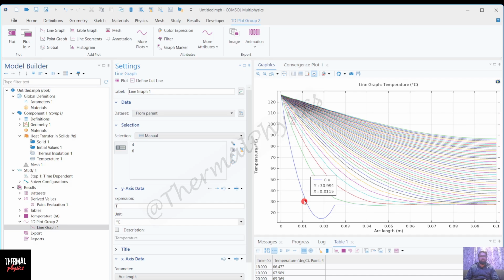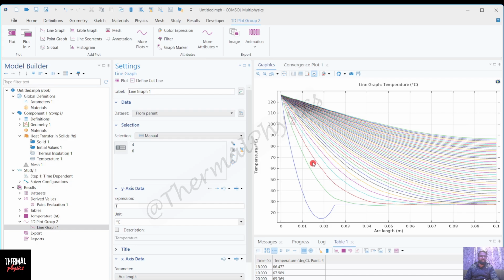So there was a temperature jump initially, which the basic COMSOL equation was not able to tackle, and this initial mess was seen here, which is obviously not a realistic case. So we are going to ignore this t equal to 0 second initial trend. The rest of the trends are the same.